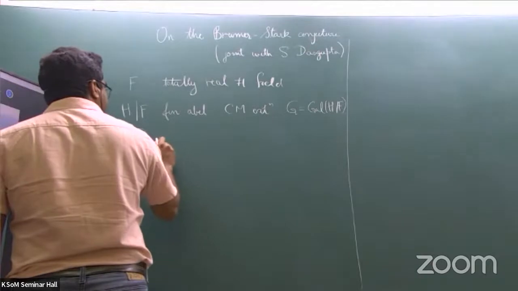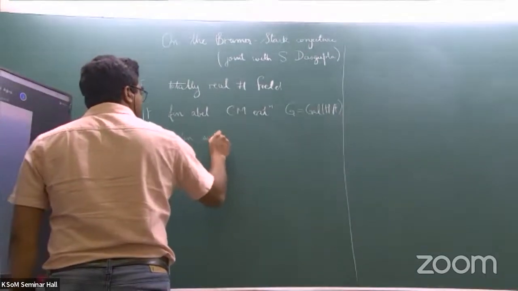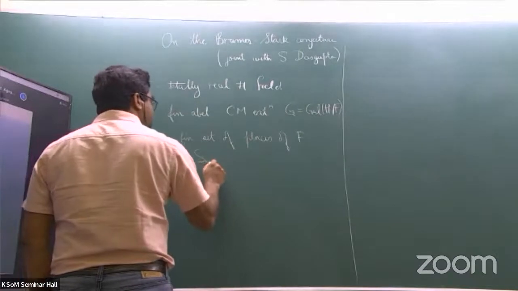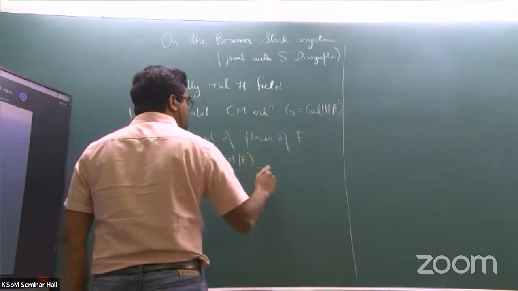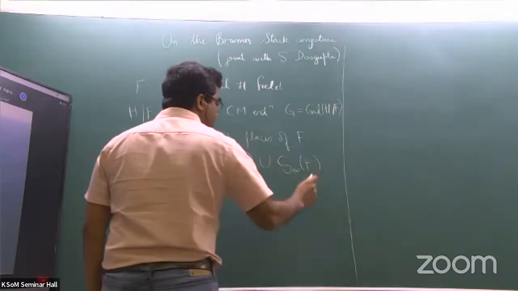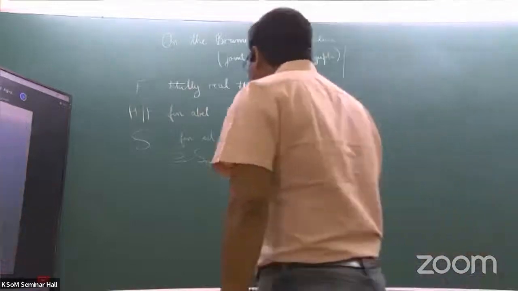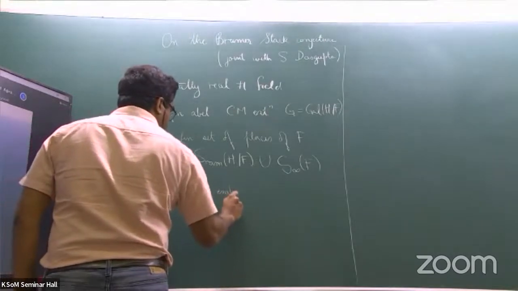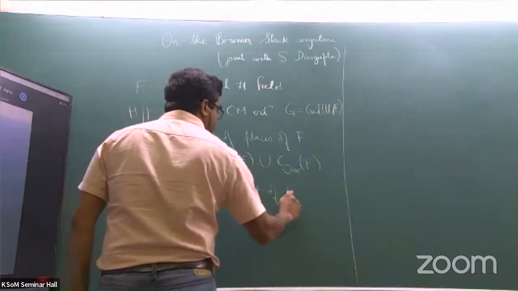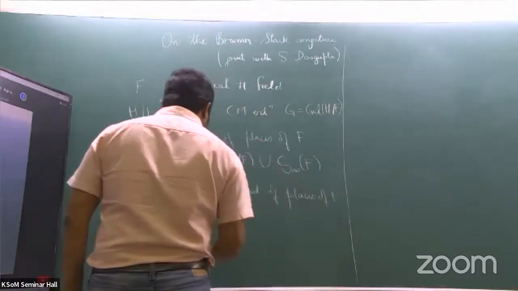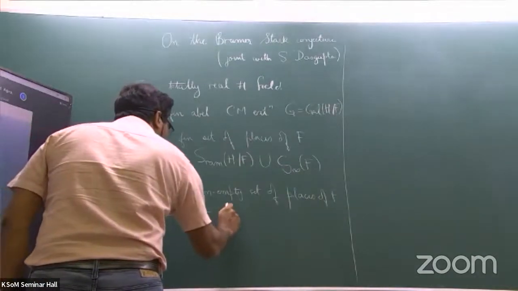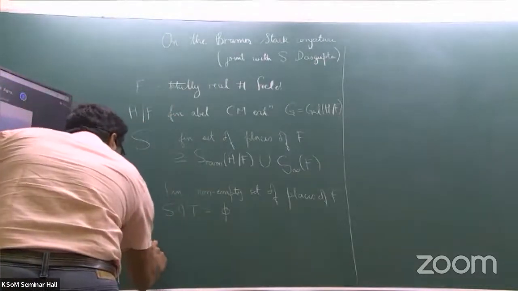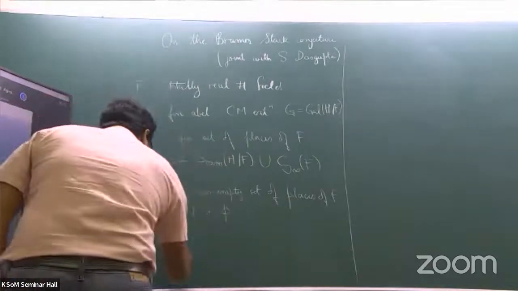So S is a finite set of places of F containing all the places that ramify in H and all the infinite places. And T is another finite, non-empty set of places of F which does not intersect with S.